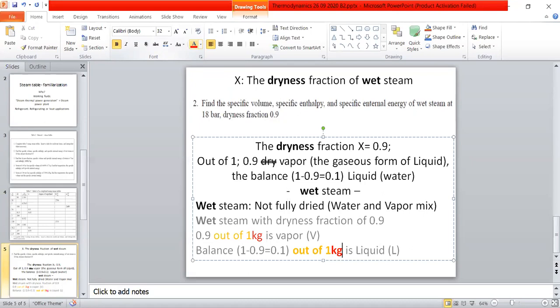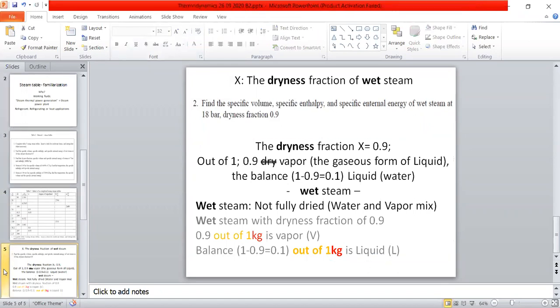So this is not about volume. This is about mass. Out of 1 unit mass. Here 1 unit mass in SI units we call kilograms. Here it's 1 kilogram. I believe you can understand this.